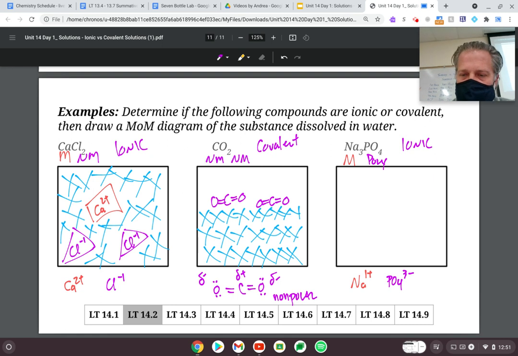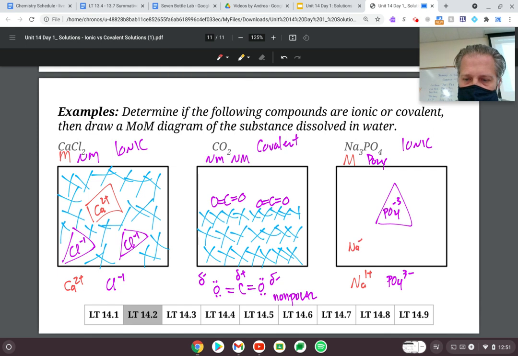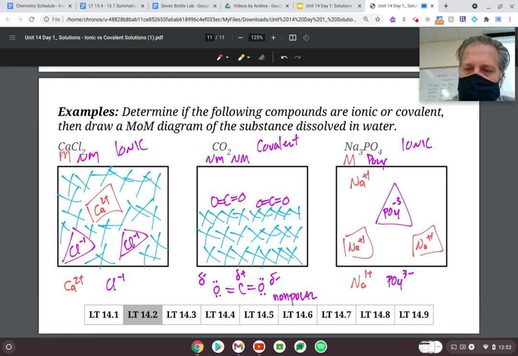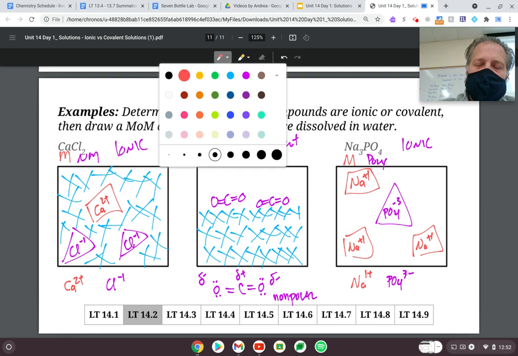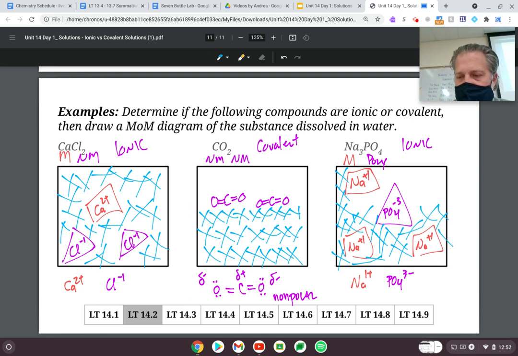So if I drew something like this, well, at that point, oops, we don't want red water. That's terrible. So then we're just going to surround each of the individual ions with water.